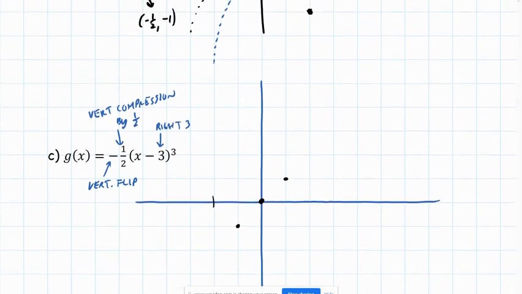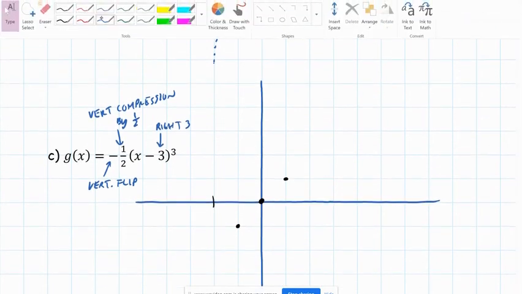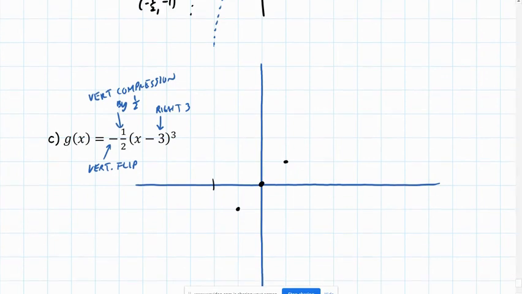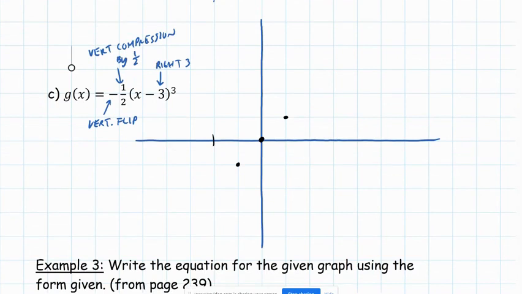So when we multiply all those y values by -1/2, this one at +8 up here, when we multiply the y value 8 by -1/2, that gives us -4.